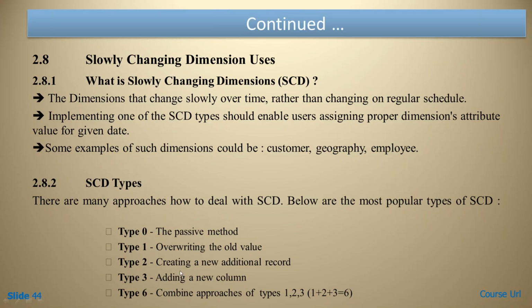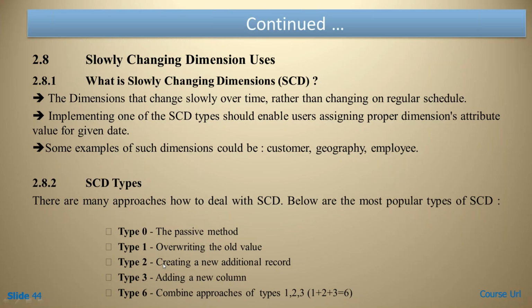So what is type 1? Type 1 means overwriting the old value. It will overwrite or replace the old value with the new value. Type 2 means creating a new additional record. Here in short form it is mentioned in one line only; in detail we will discuss now. Type 2 creates a new additional record.